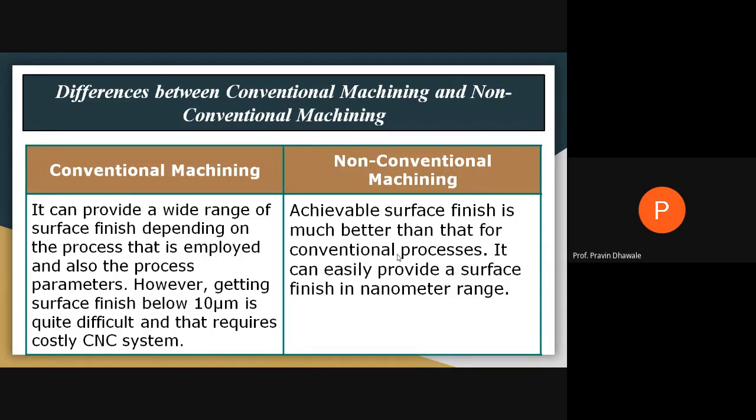In case of a conventional machining process, it provides a wide range of surface finish depending on the process employed, and on which parameters are controlled in order to improve the surface finish of the workpiece. However, a surface finish below 10 micrometers is quite difficult to obtain.